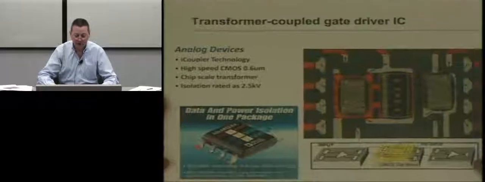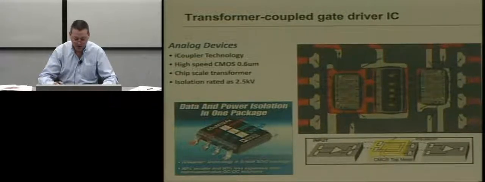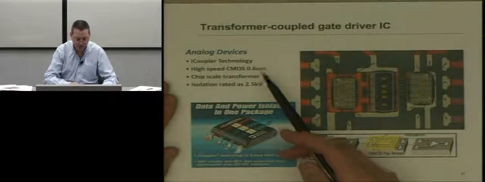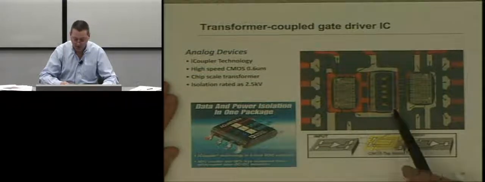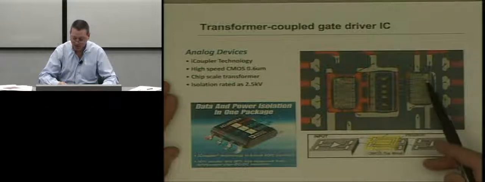But many applications require that you have true galvanic isolation. So there are a number of options with integrated transformers. This is an example from Analog Devices. They call it iCoupler topology. It's basically a chip scale transformer right here. So you've got an input side chip, an output side driver.